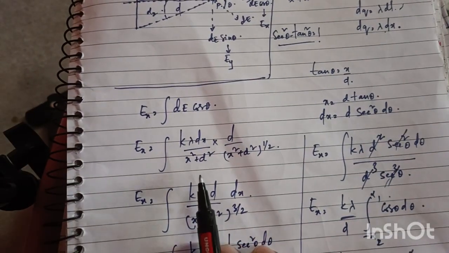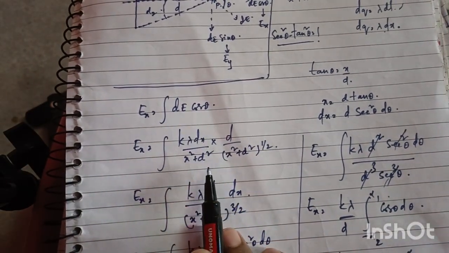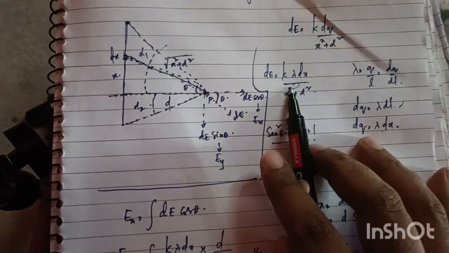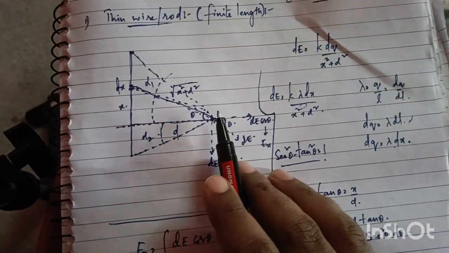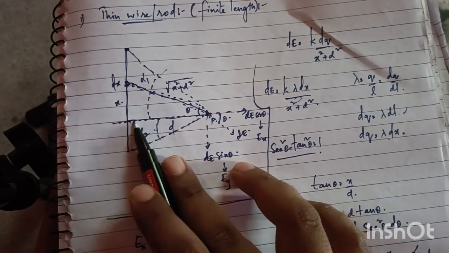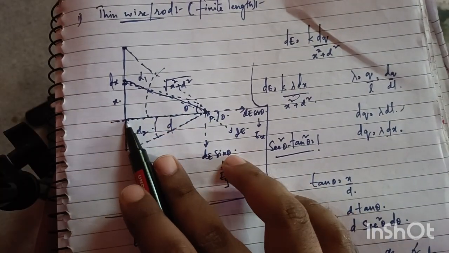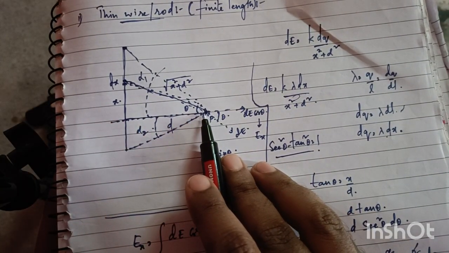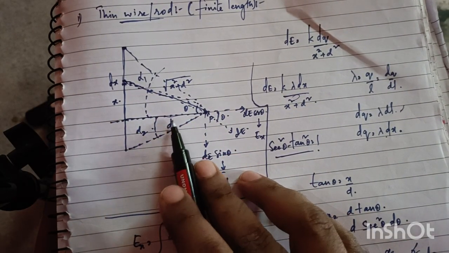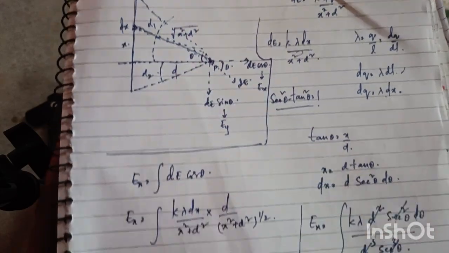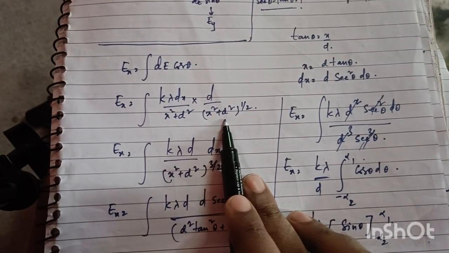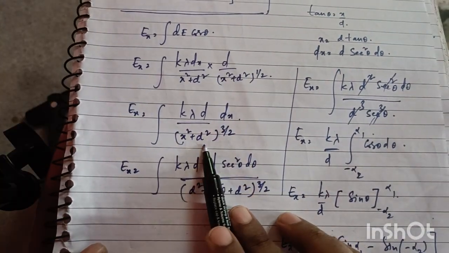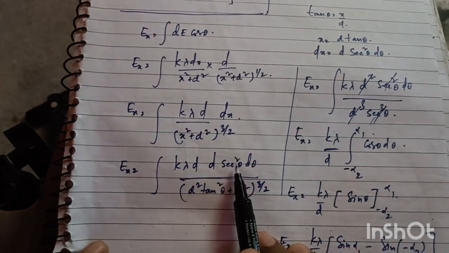So integrate dE cos theta, where dE we have already written for the small element, and the cos theta term comes from this triangle. Cos theta is adjacent by hypotenuse, that is d by root of x square plus d square. I've written that here and multiplied it in.